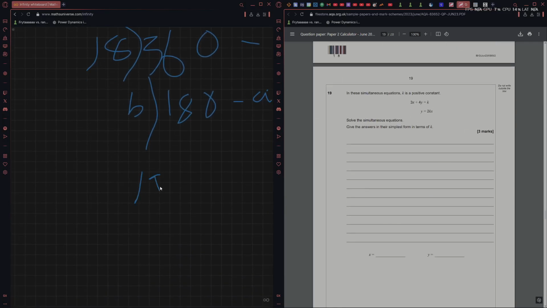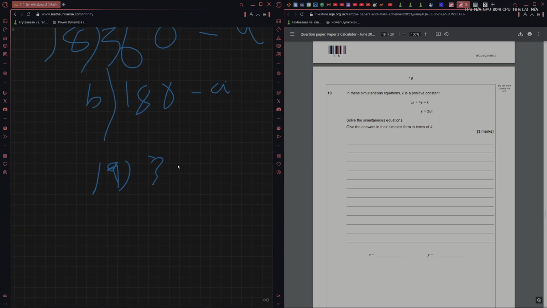I don't know what to do here. You're not supposed to actually find the values of x and y, you have to put them in terms of k. So I think what we have to do here is we just substitute.